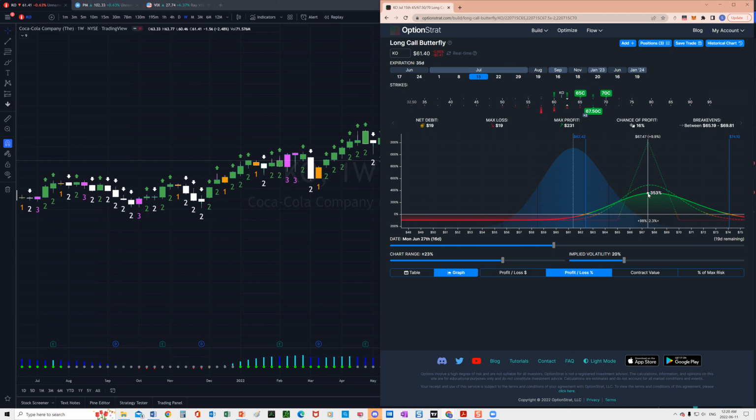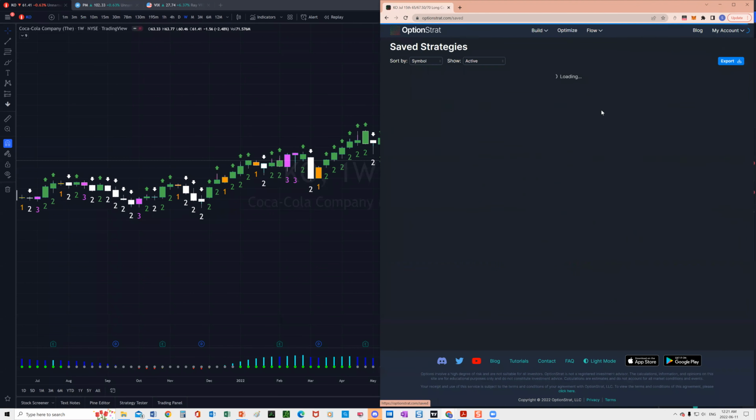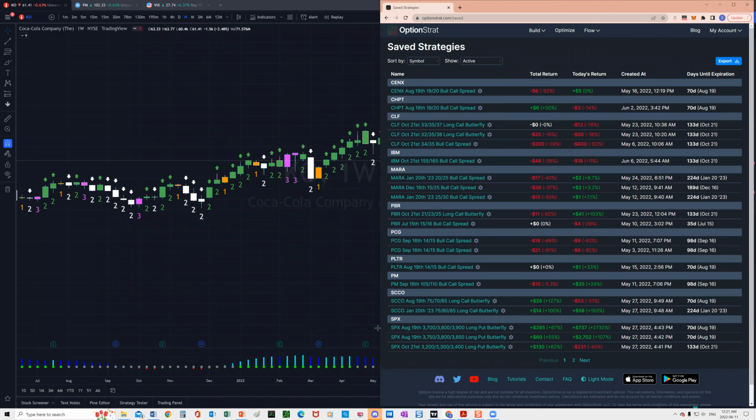So with butterflies, think of it as more like tossing a hand grenade and trying to just get it in that particular area. Okay, so you want to be close, but you're not looking for absolute precision, even though you could try and pin it. But $19 max loss for a potential profit of 231, which if I go back to my saved trades, you'll see the highest potential return.